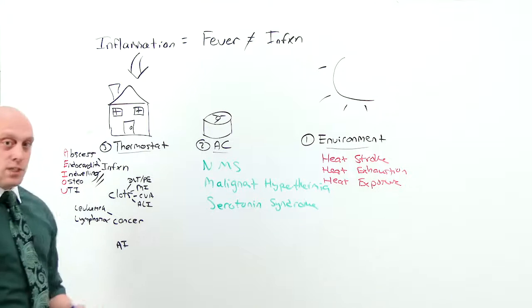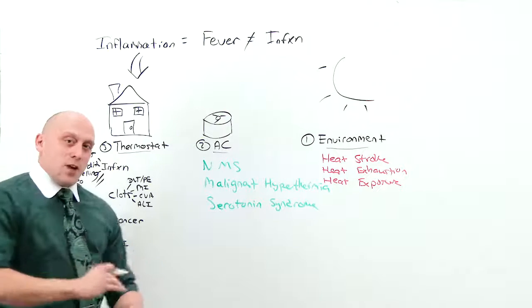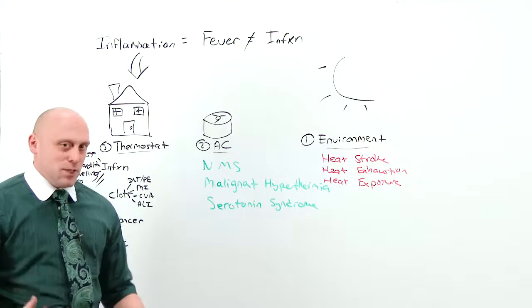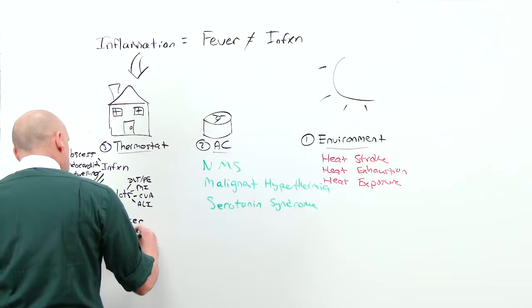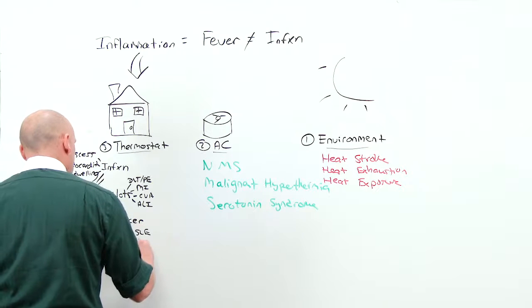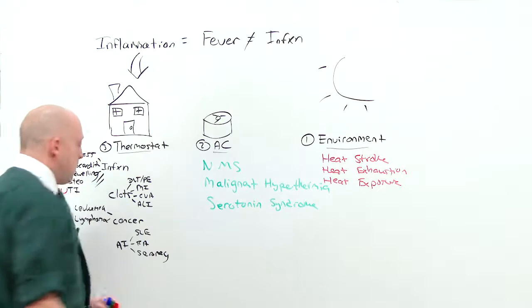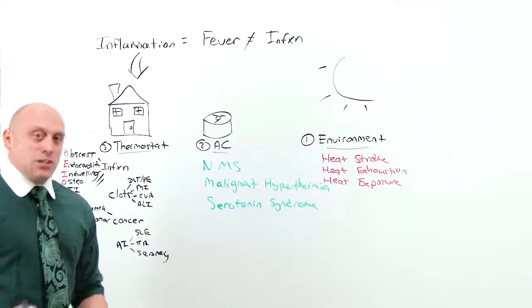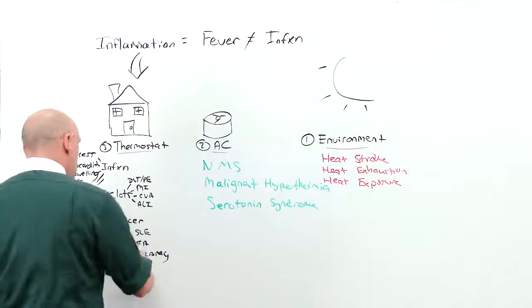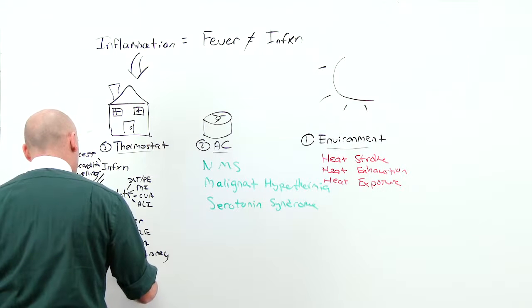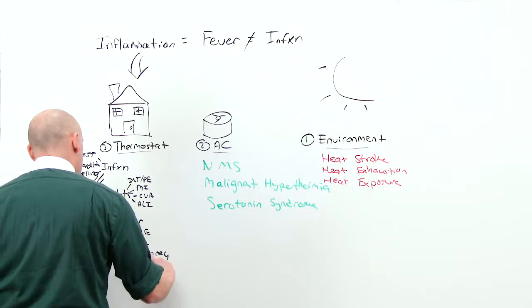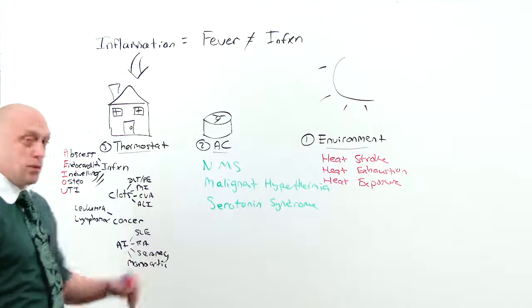An autoimmune disease generally doesn't have very high spiking temperatures, and they're going to have a history of it. So look for things like lupus, rheumatoid arthritis, and the seronegatives. Things that act like acute infections, like gout, the monoarticular arthropathies, can also present with a fever.